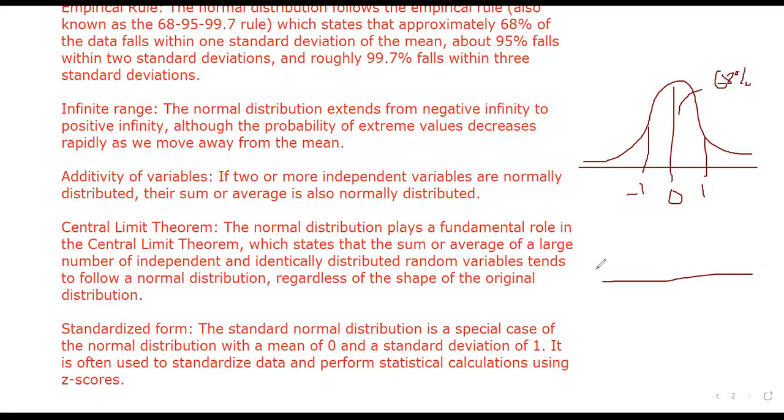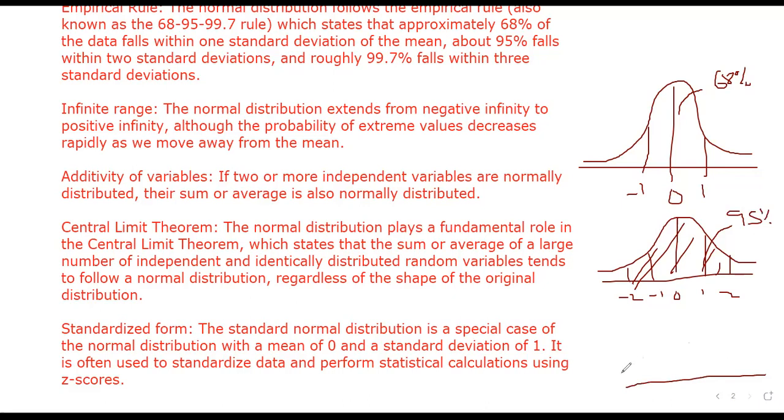Then if the distribution goes to 2, here there's 1 and there's 2, the area under the graph increases to 95%. If the distribution is 3, and here there's 3, the probability under this graph is equivalent to 99.7%.